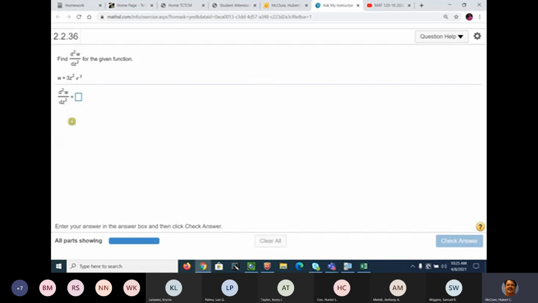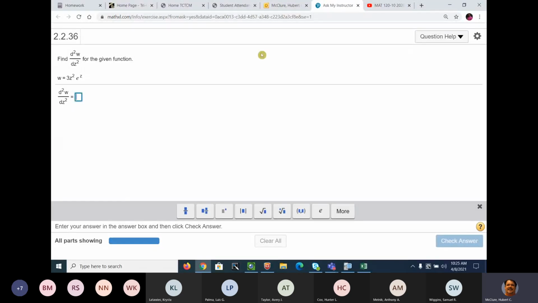I like this. This is a good test question. Let's go with 3z, shift up, squared, e, shift up, z, plus 12z e to the z plus 6e to the z, and pray.